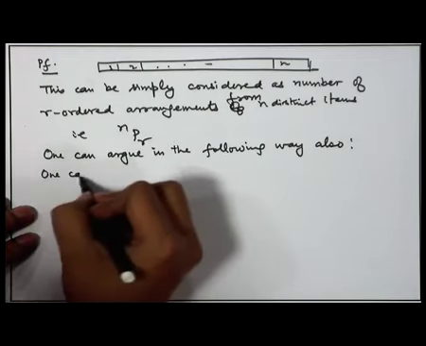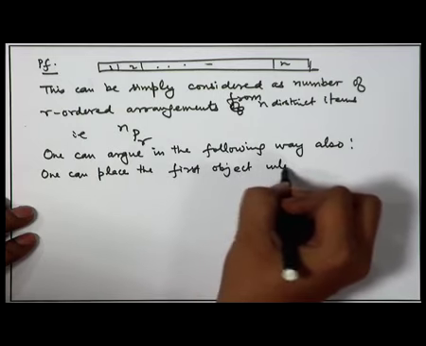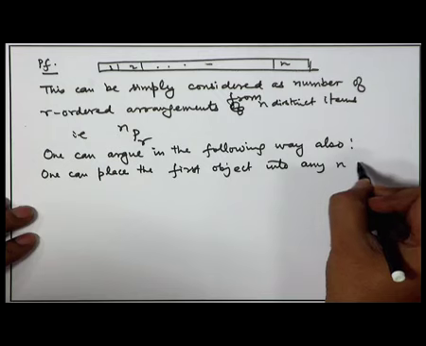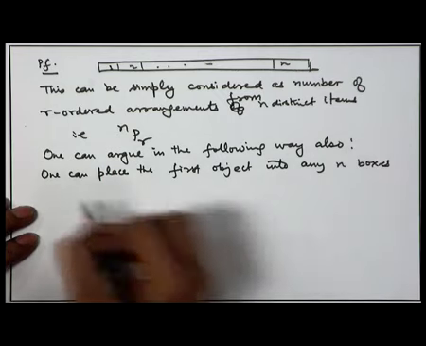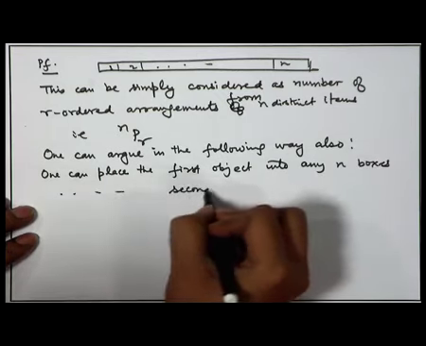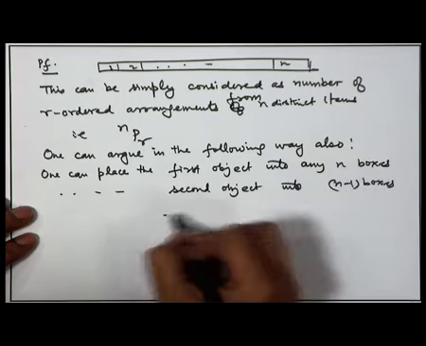One can place the first object into any of n boxes, then the second object into n minus 1 boxes, and so on.